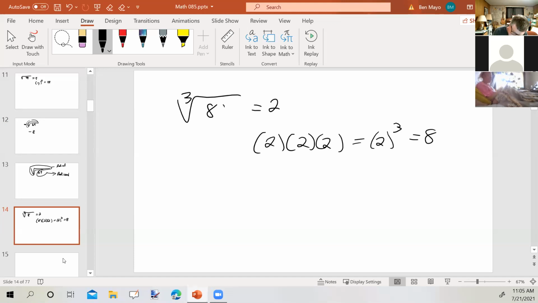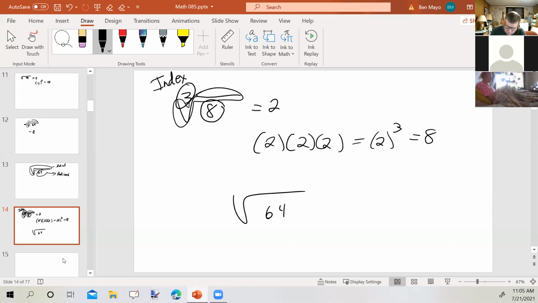Now, again, this is the radicand inside. This is the radical. This number out here is called the index. The index tells us what root we are taking. Now, when I write the square root of 64, I don't bother to put the 2 index there because math people often use shortcut notation.